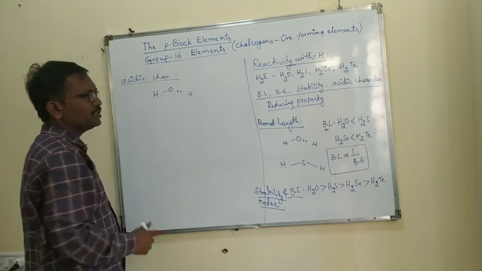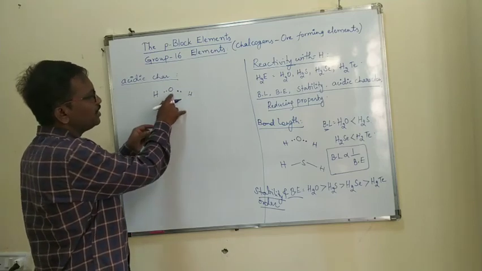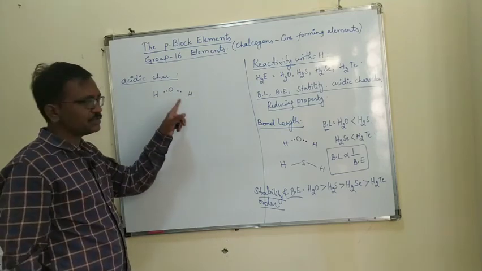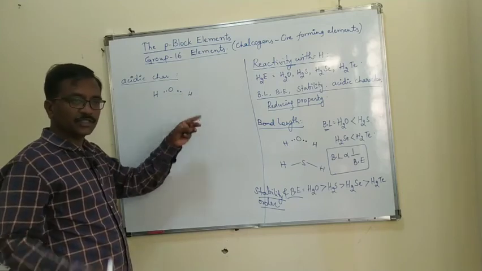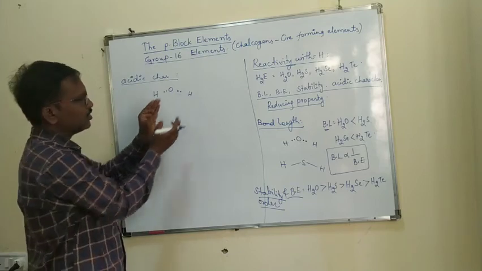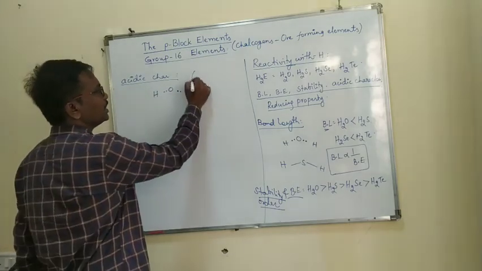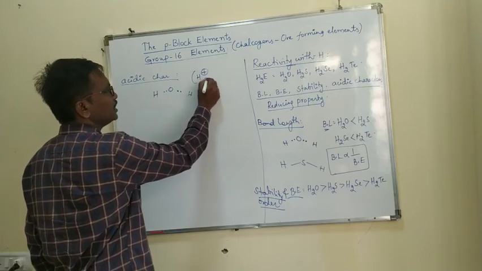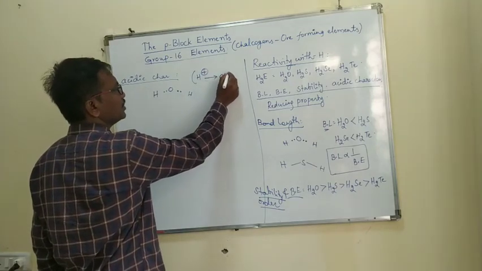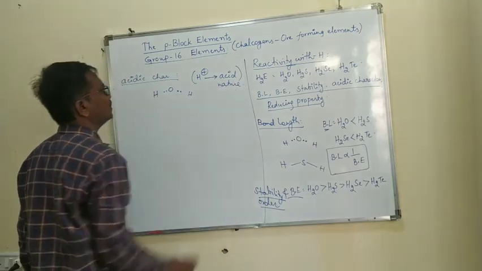If the bond is very short, the hydrogen losing capacity is low, because oxygen is tightly bonded with hydrogen. Losing of H plus is generally called acidic nature, right?